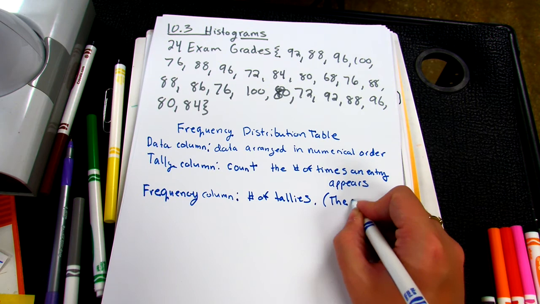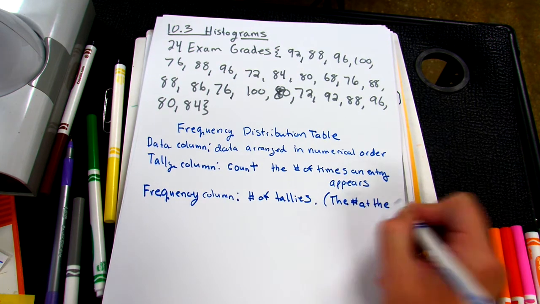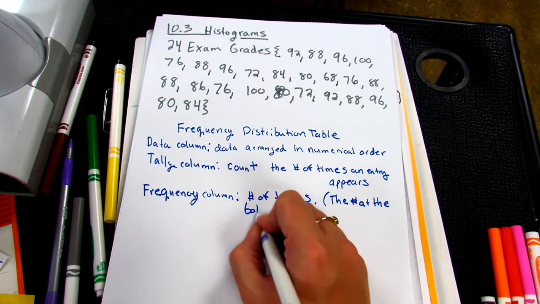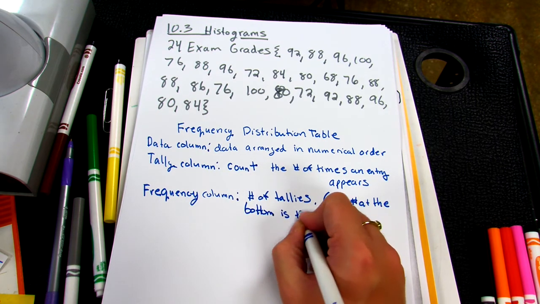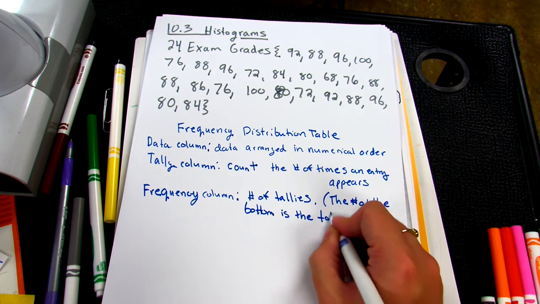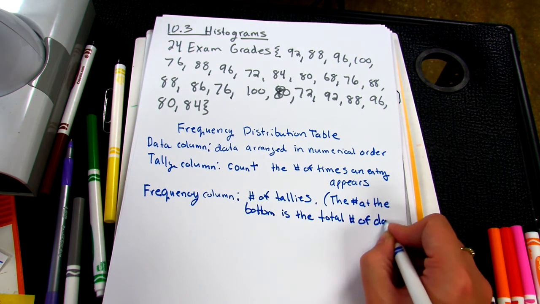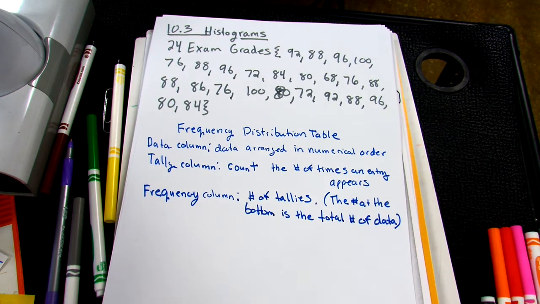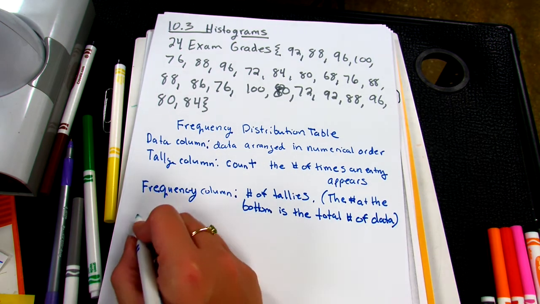The number at the bottom is the total number of data. Okay, so you have a total row, all right? And then the last column is the product column.